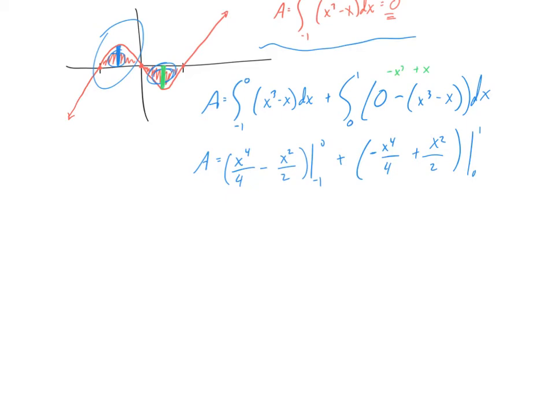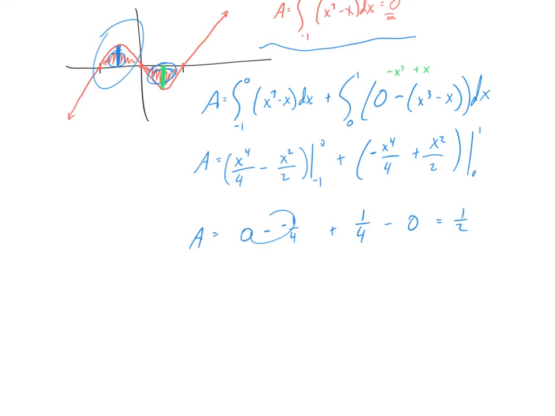For this first integral, you get 0 for the top bound minus -1/4 for the bottom bound. And for the other one, we get 1/4 for the top bound minus 0 for the bottom bound. And 1/4, because this one's positive, plus 1/4 is 1/2 for the area of that region.